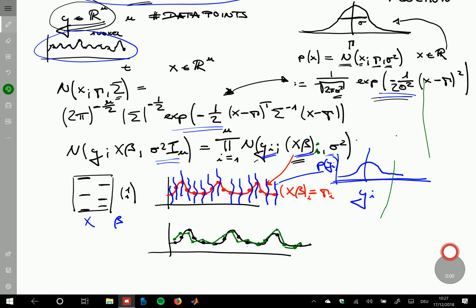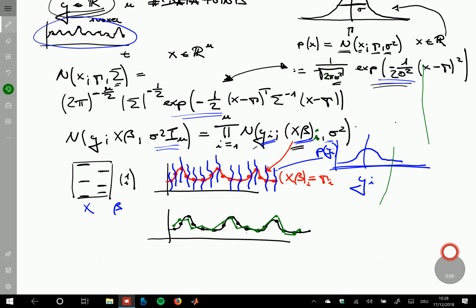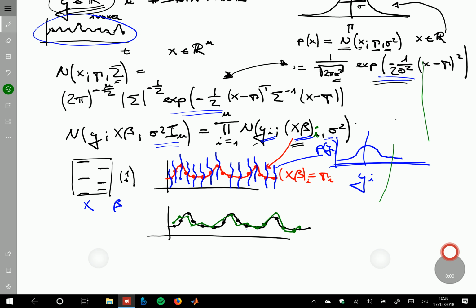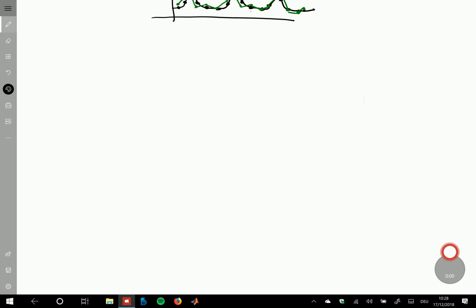Are there more questions? No? But now we observe data, and then we get to model estimation.